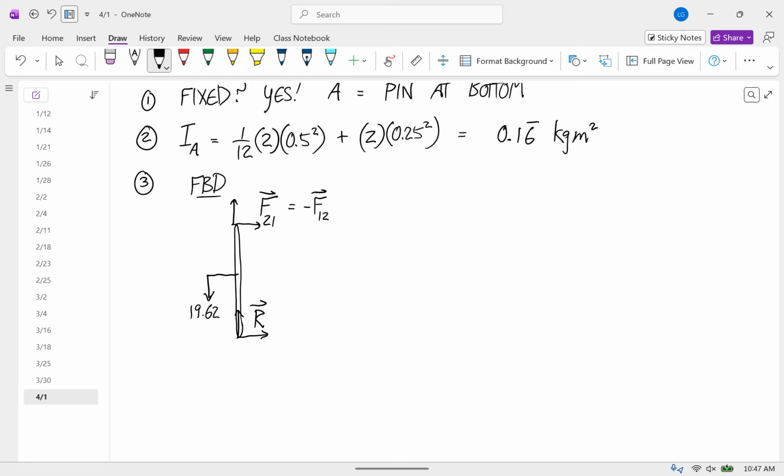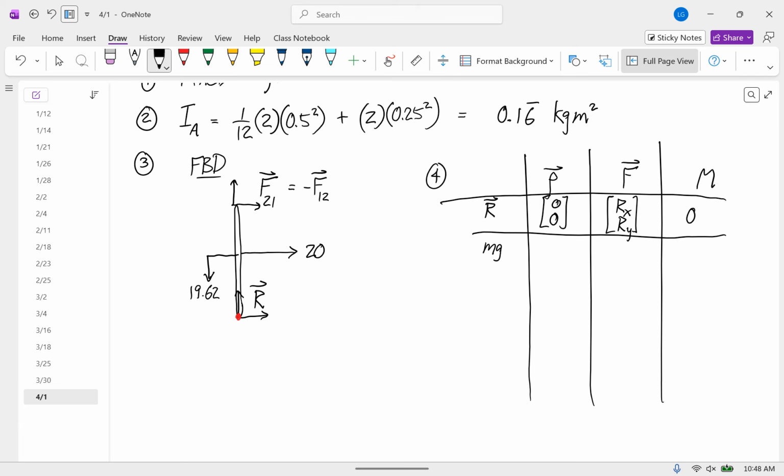Then I'll do the weight force. The vector from the about point to where the weight is applied is 0.25. And the force is 0, negative 19.62. Cross product is 0. Which makes sense if you think about the fact that that weight force's line of action is going right through that about point.